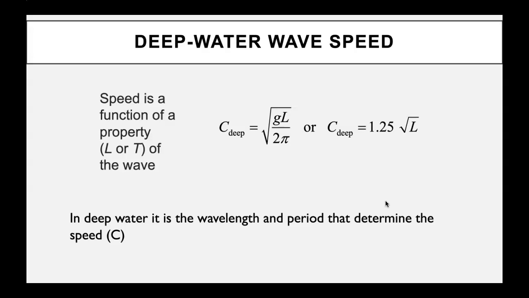Well, we know gravity, and we know 2, and we know pi, so we can reduce that equation to 1.25 times the square root of the wavelength. Okay, so that is how we're going to determine the speed in deep water, just looking at the wavelength.